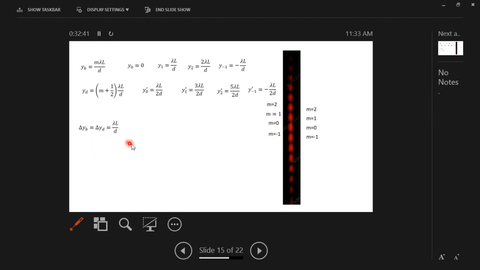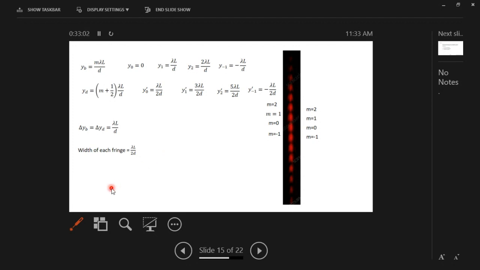So this distance is equivalent to 2 times the width of a fringe. As a result, you can say the width of each fringe is equal to lambda L divided by 2D.